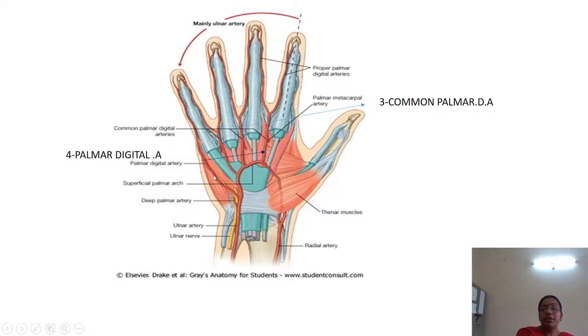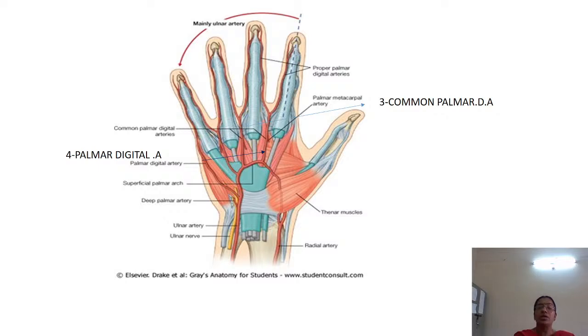The first passes along the ulnar side of the little finger, whereas the other three continue as common palmar digital arteries and divide between the adjacent fingers as proper palmar digital arteries, supplying the adjacent sides of the fingers.